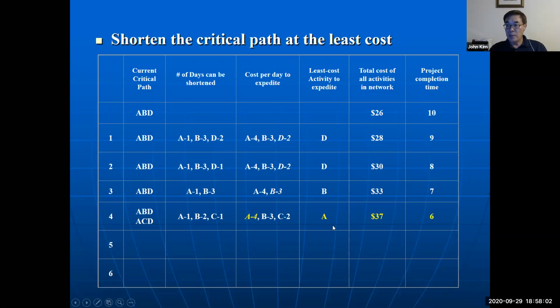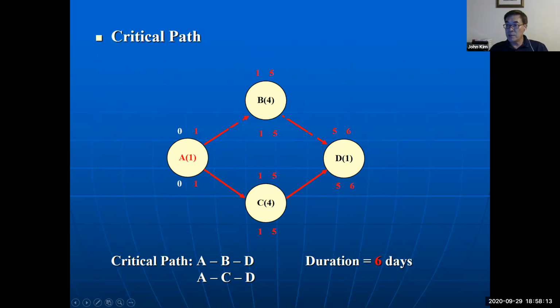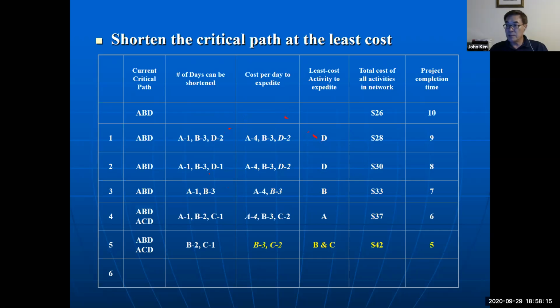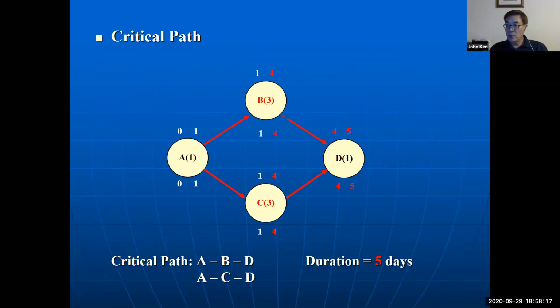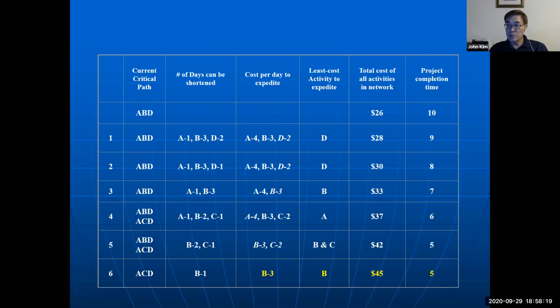And then use A, more resource, more cost, but decrease, and so on. So step by step, then at a certain point, we use more resource, but project time didn't change. So stop there.